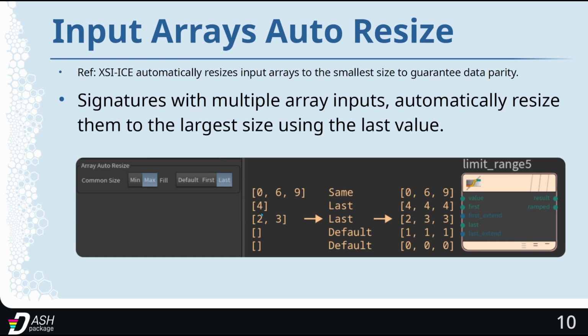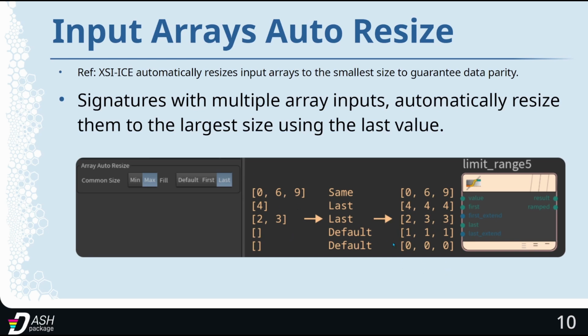The third array has only 2 elements, so it needs to be resized to 3, and it uses the last element in the input array as the fill value. The last 2 arrays have no elements, so they're going to use a default value. The default for last is the value of 1, and the default for last extend is the value of 0. That's what is used as a fill value for these resize operations.